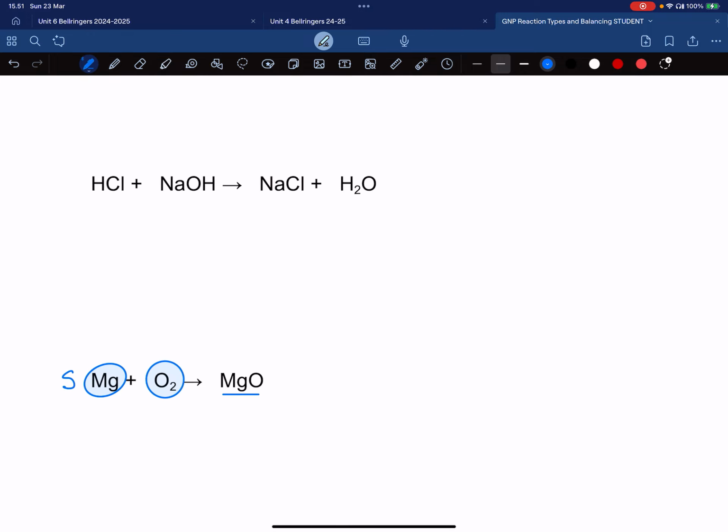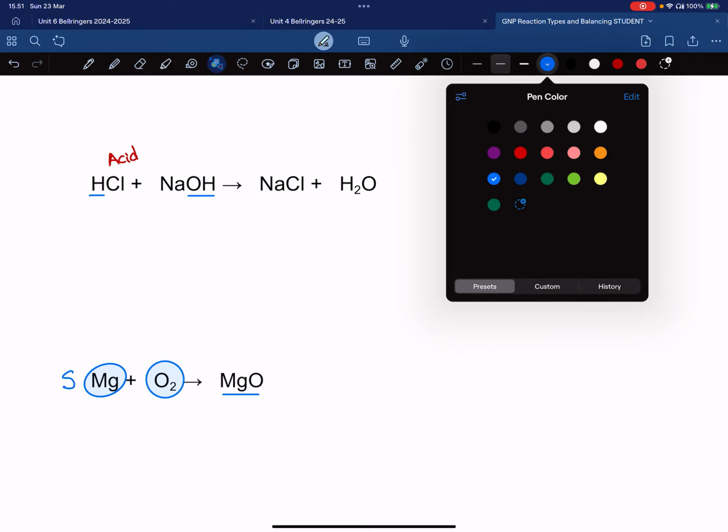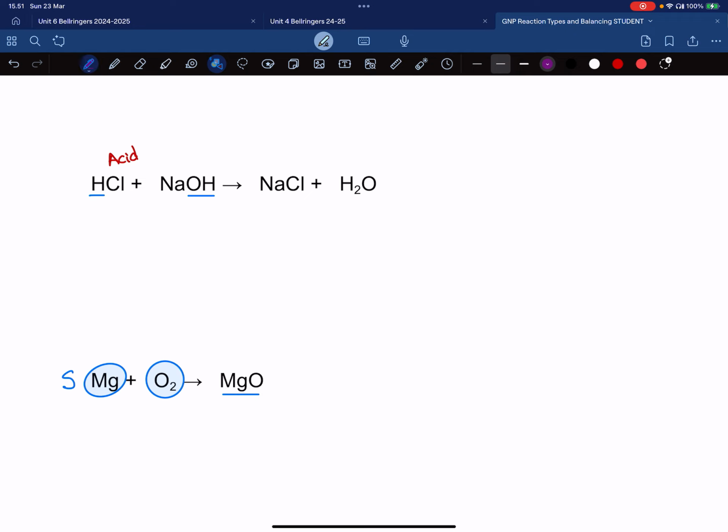All right. The final one is an acid-base reaction. Okay, we'll look at the template for it in just a bit, but you've always got an acid-base reaction. You have something with a hydrogen, that's my acid. Then you normally have something with a hydroxide, and that's my base.